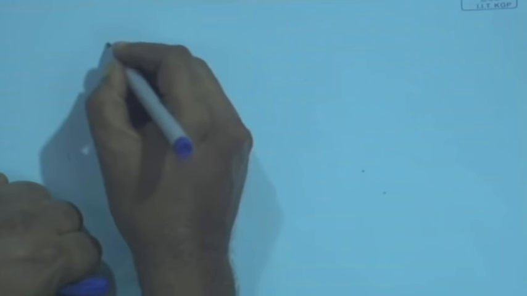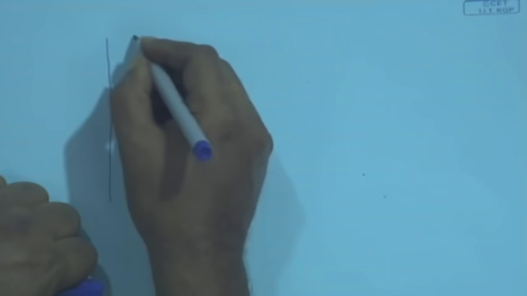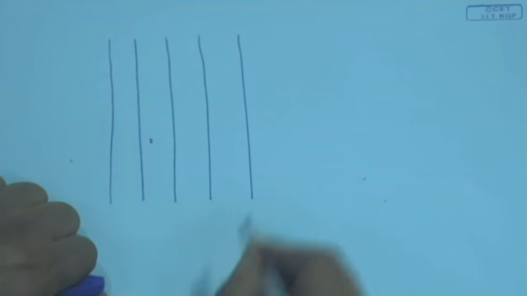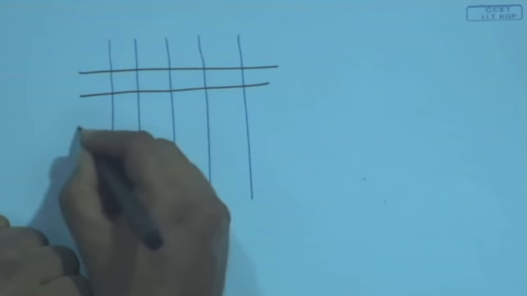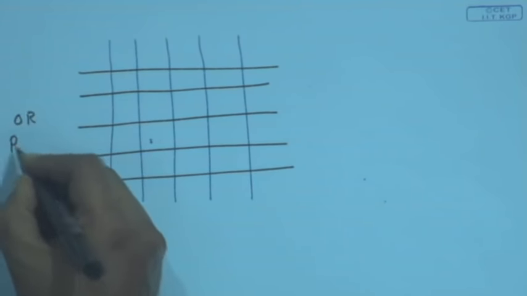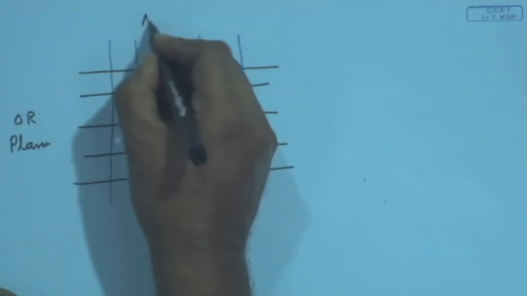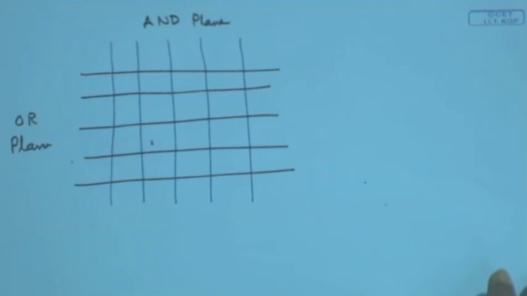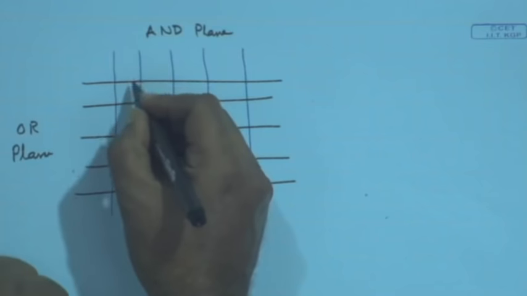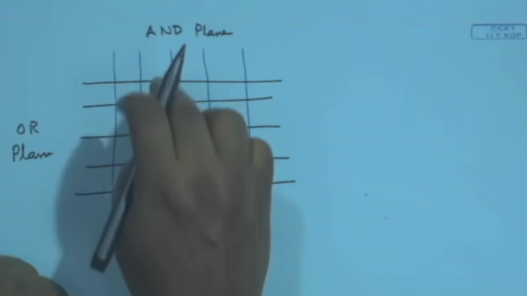Imagine you have got an array of AND gates. There are some interconnections. This is an AND plane where there are a number of AND gates, and there is an OR plane. This is the OR plane, and here is the AND plane.